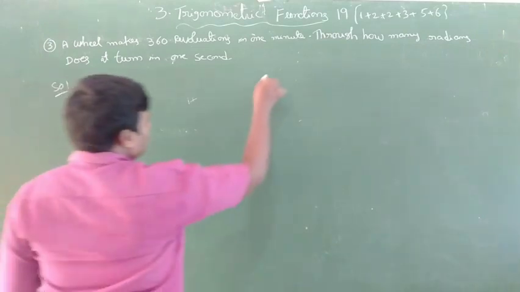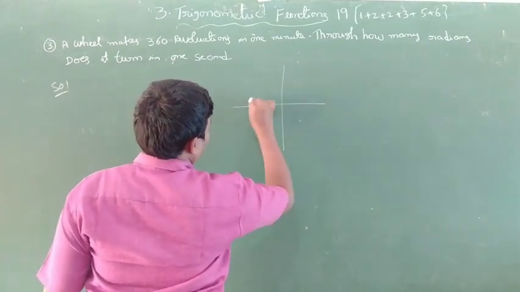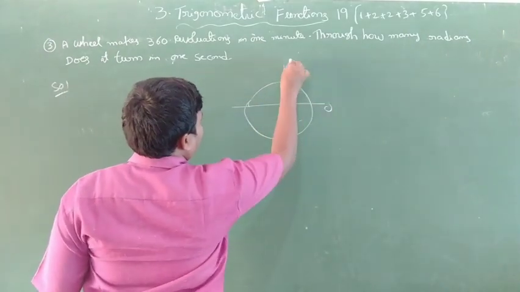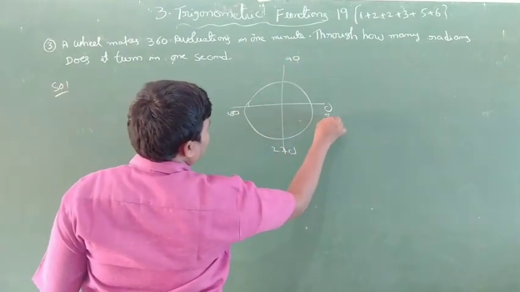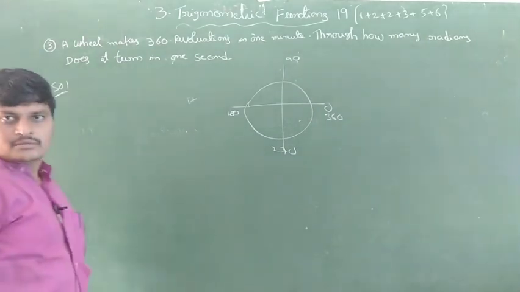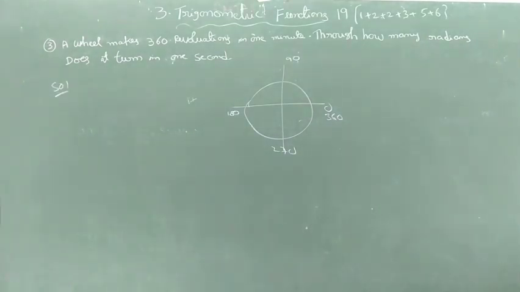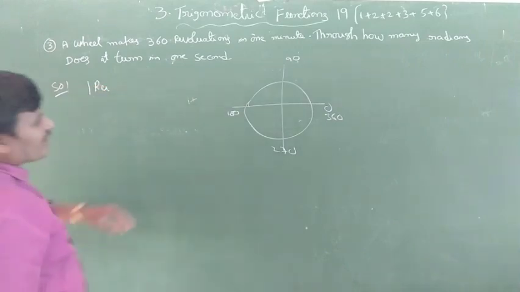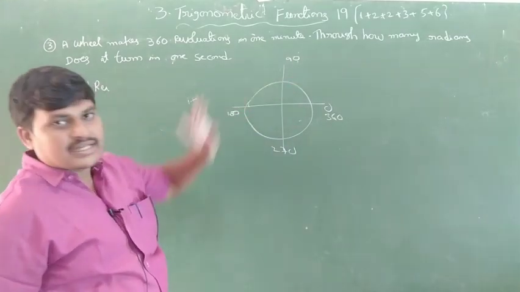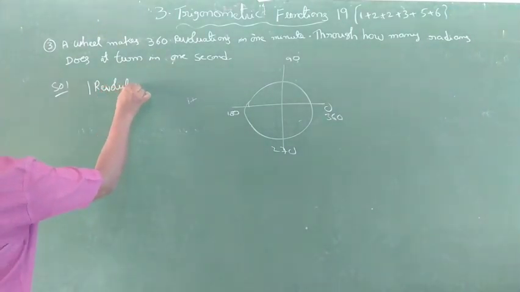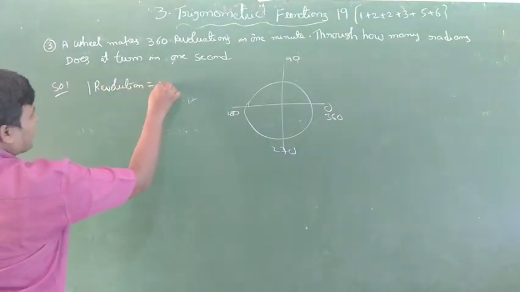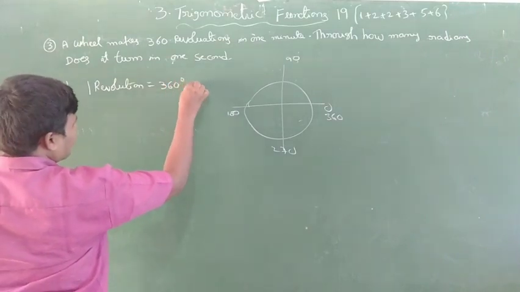First of all, this is 0, 90, 180, 270, 360. One revolution means one complete circle. One revolution is equal to how many degrees? 360 degrees.